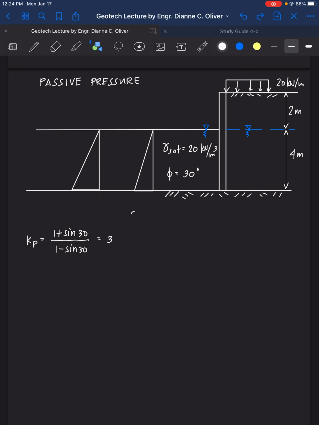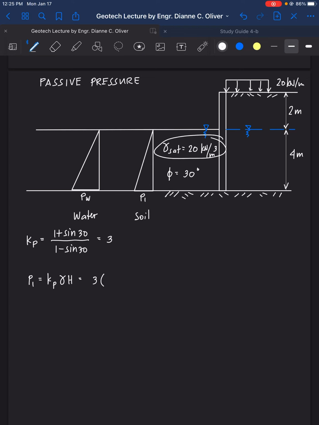So this is for soil and this is for water. We need the value for P1, then P water. So for P sub 1, we have K passive gamma 1 H1 or gamma H. So 3 times gamma buoyant.